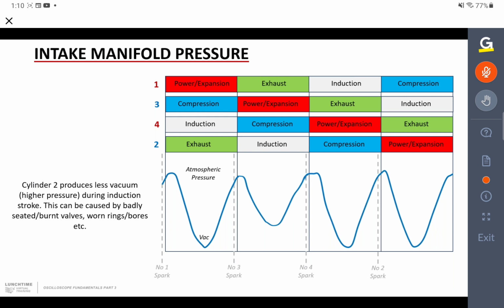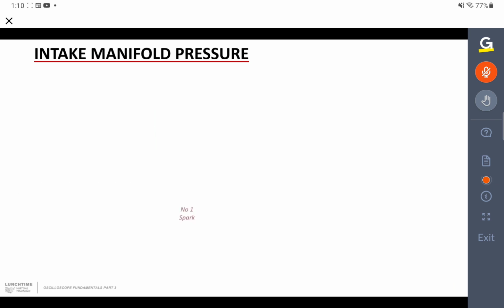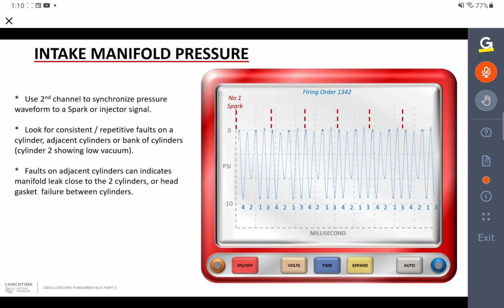So what we're really looking at is using intake manifold vacuum, using all the other waveforms we looked at in cylinder pressure testing as well, just to try and pick up whether the vacuum on the induction stroke for each cylinder is good.